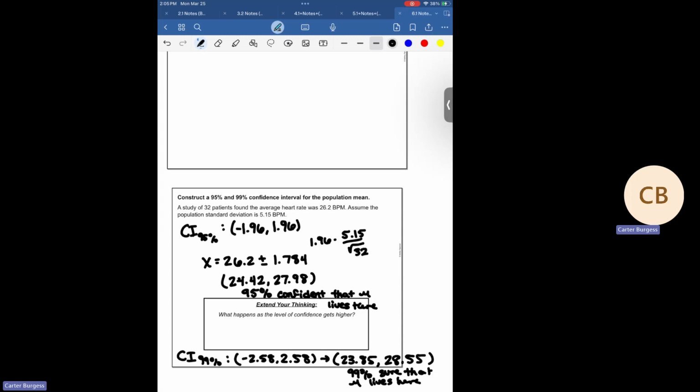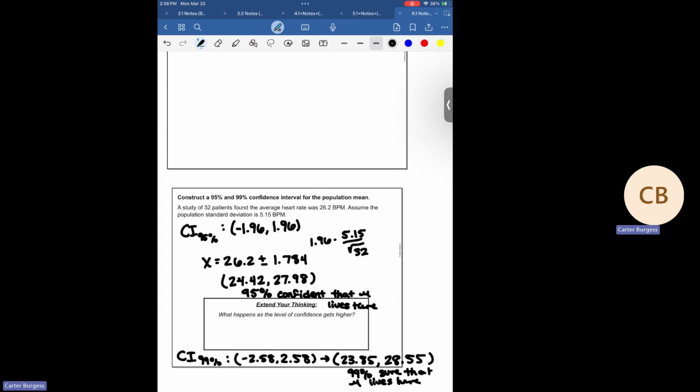And so what we see here is a really very important interplay between how confident we are and how accurate and useful our answer is. For instance, I could say that I am 100% confident that BPM is going to live between 0 and 1,000,000. But is that a particularly useful metric?